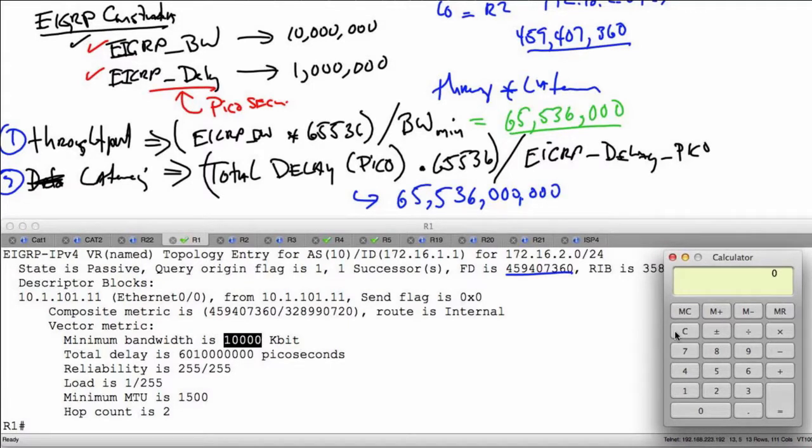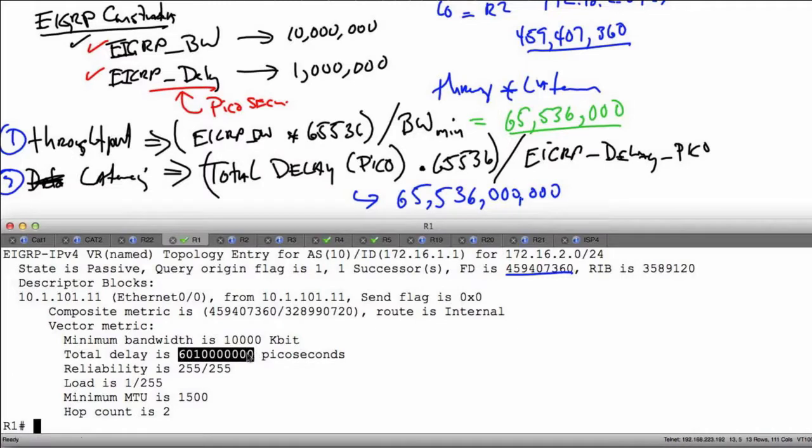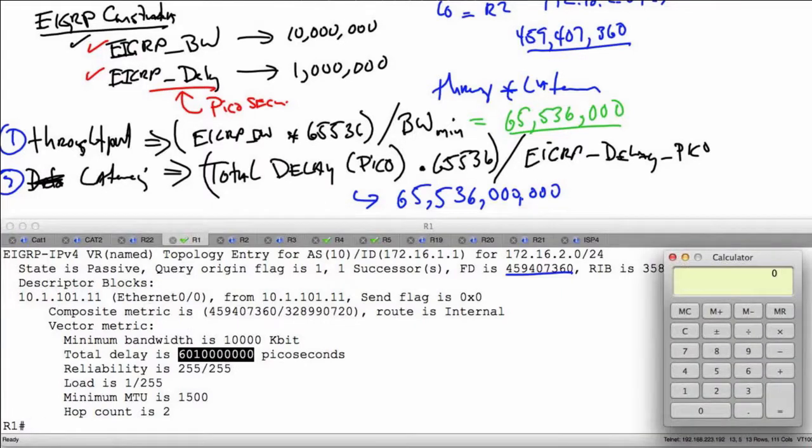Now let's take our total delay in picoseconds, which is 6010 then 6 zeros, times 65536, divided by 1 million.